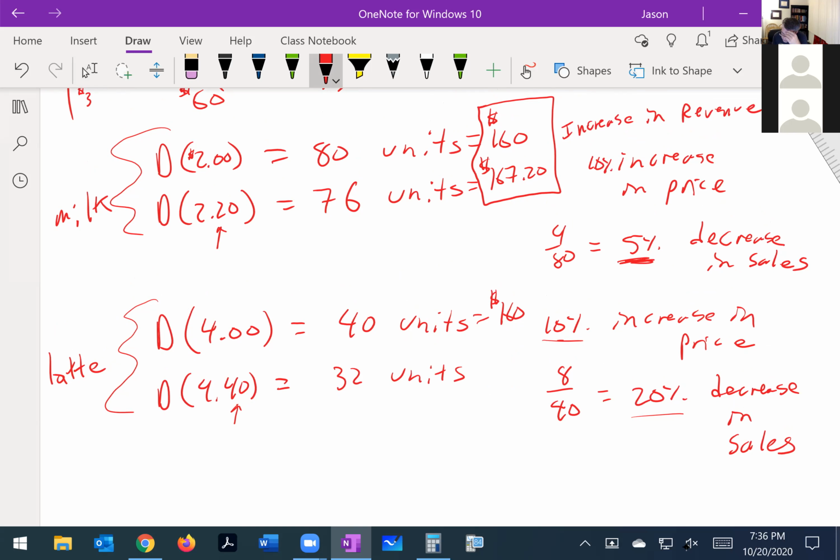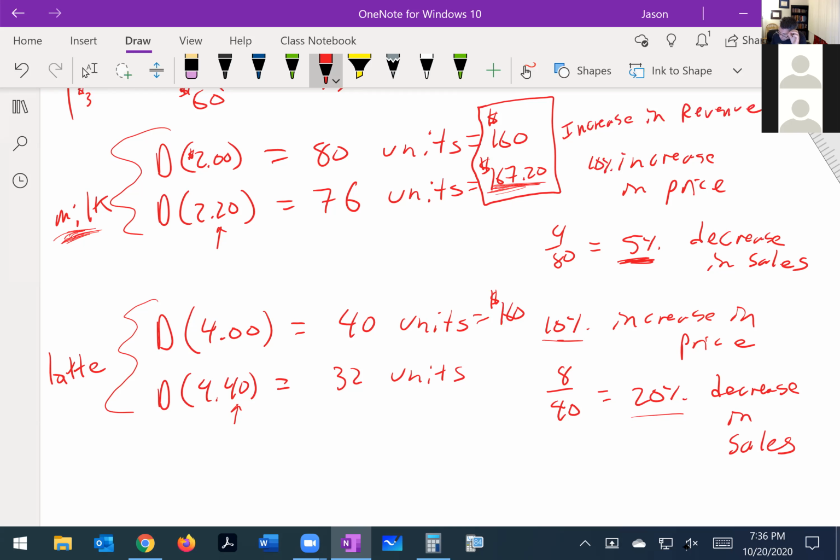So say this is a grocery store selling milk at $2 a gallon, and I go up 20 cents. If I raise the price 20 cents, fewer people are going to buy the milk, but at the end of the day, I ended up making more money.